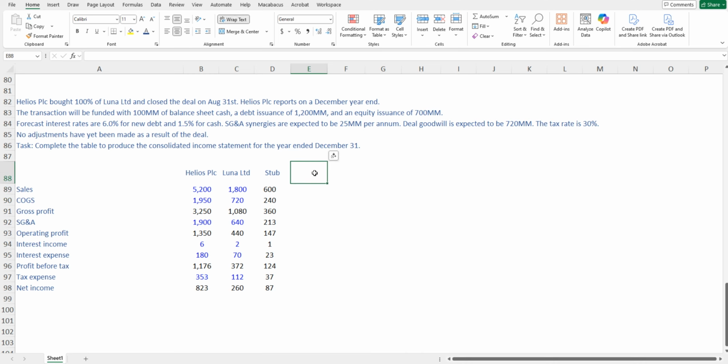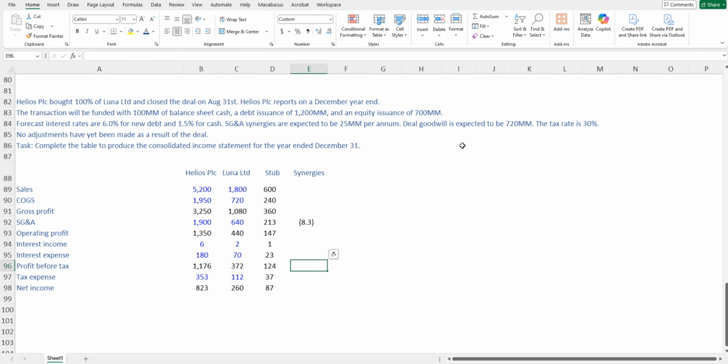Now we can do the same thing like we did for the previous question. So now synergies, we know the cost savings from SG&A, 25, right? But it's per annum. Remember, this is per annum. You still need to calculate a portion of that. So it's 25 times 4/12 times -1, because it's a cost saving, so it's a negative number.